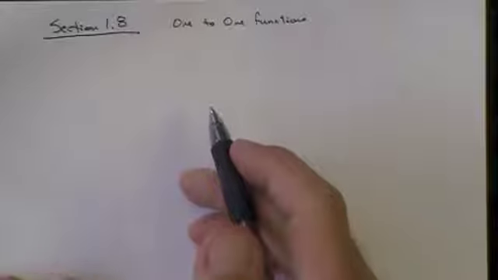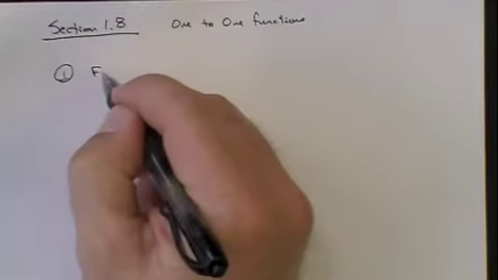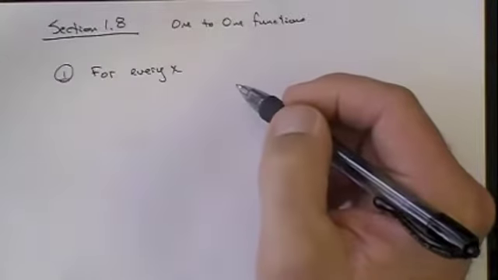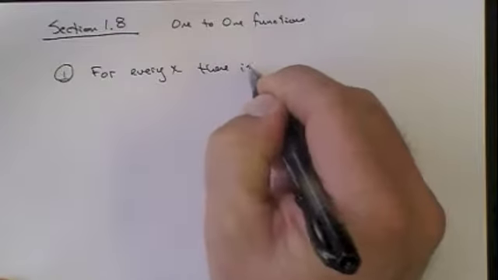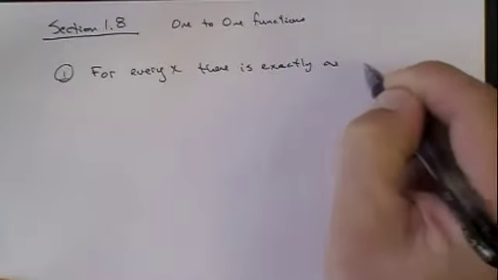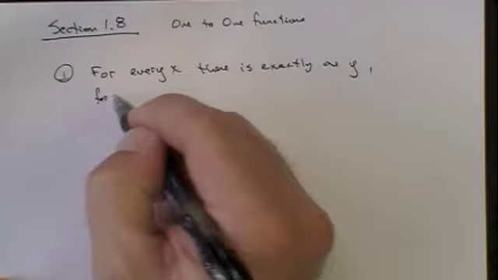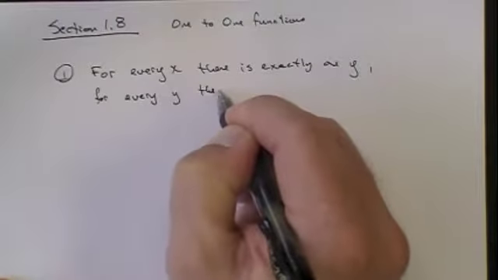In section 1.8, we're looking at one-to-one functions. The first part of a one-to-one function is that for every x there is exactly one y, and for every y there is exactly one x.